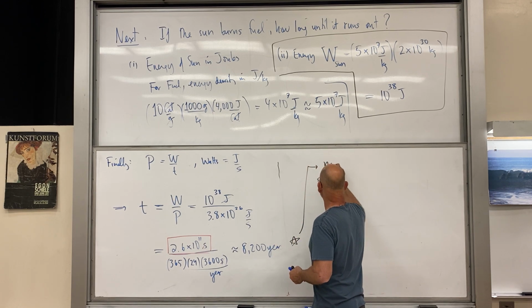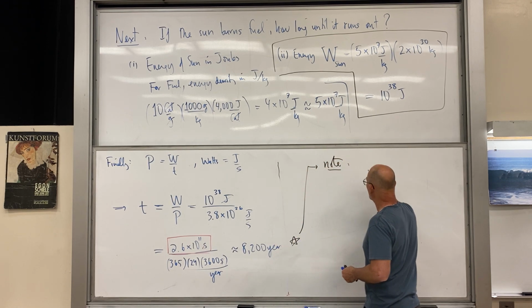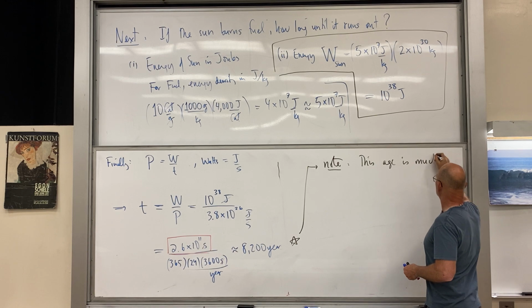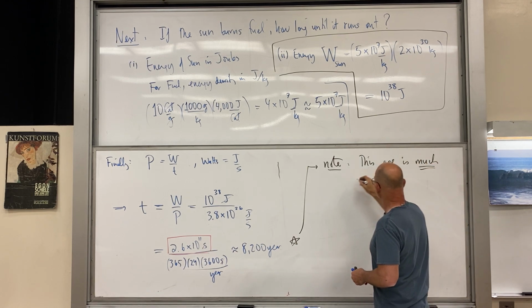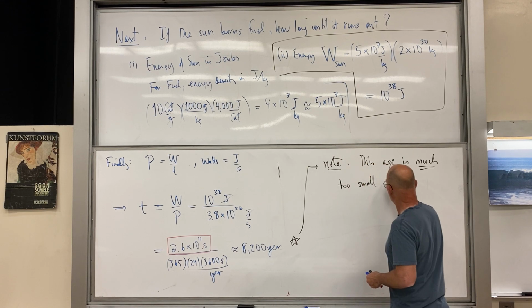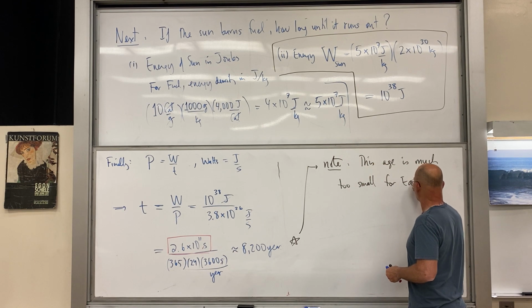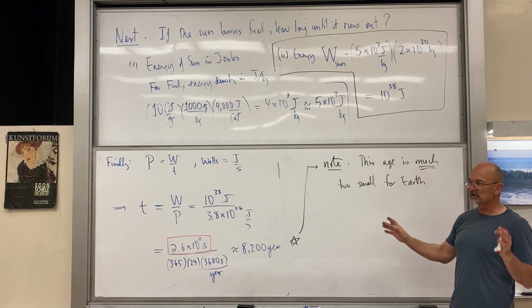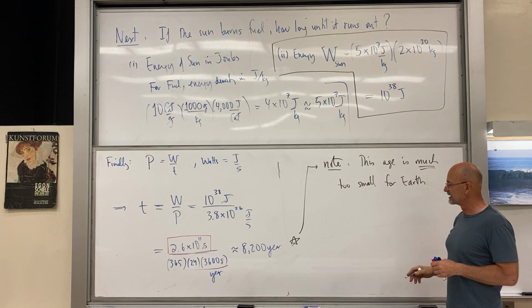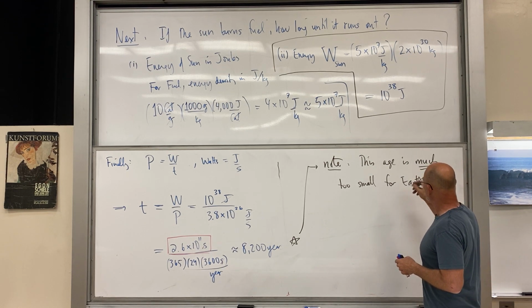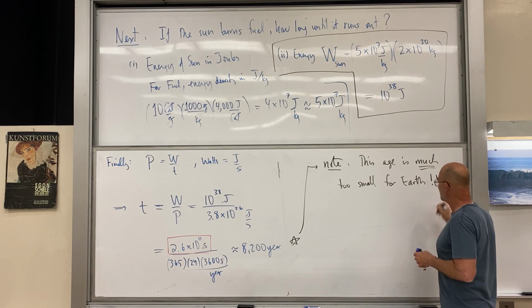So note this age is much too young, too small for Earth, because so much has happened on Earth, so many geological, biological processes that take millions of years. Okay. So it's much too small.